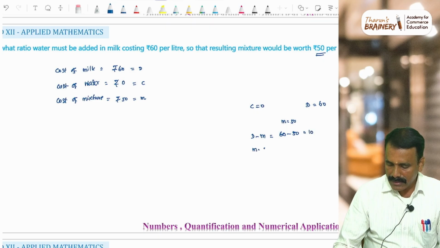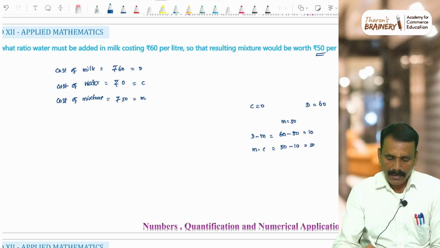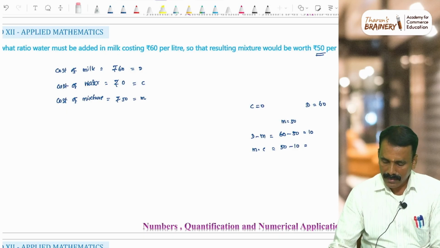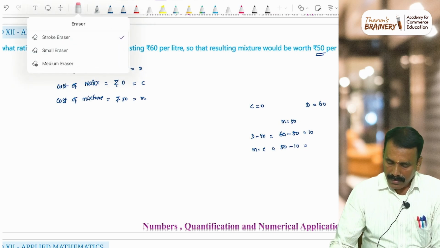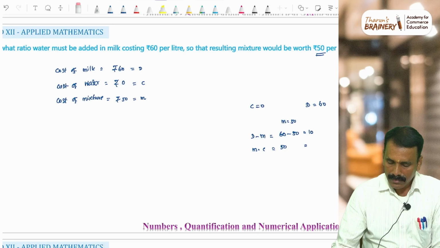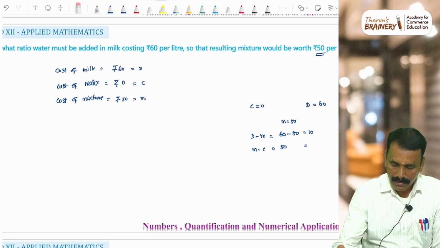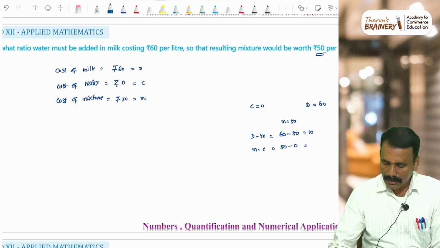M minus C: 50 minus 0, that is nothing but 50.